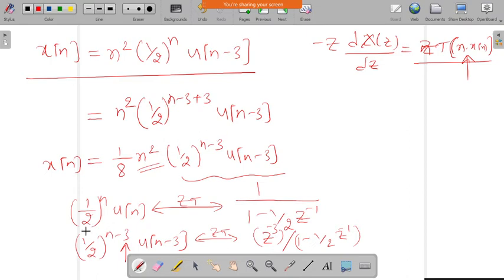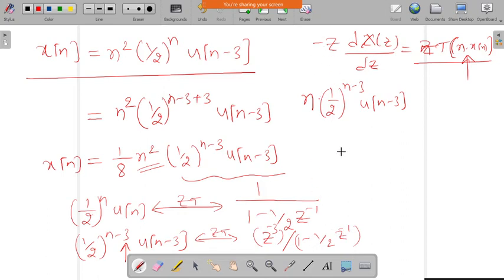Now we already have this signal x of n, which we multiply 1 time, that is n into half power n minus 3 into u of n minus 3. Now this is our input signal and I am multiplying by the factor n. The corresponding x of z we know, so we have to differentiate it and then multiply by minus z.